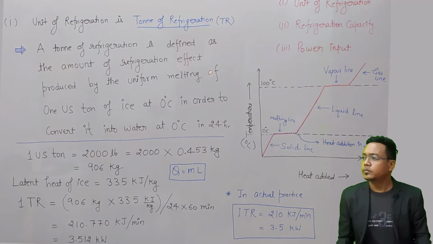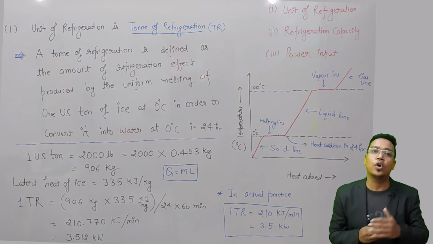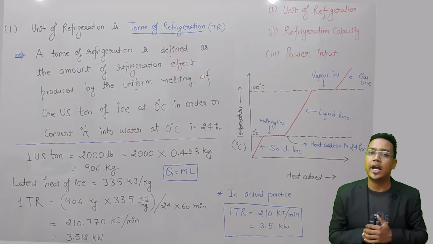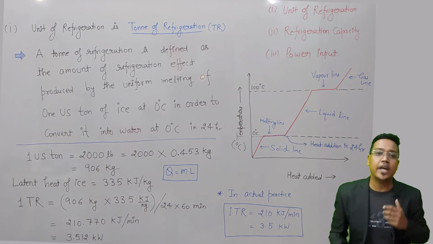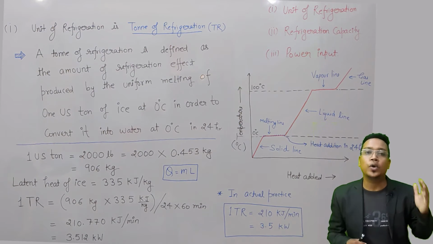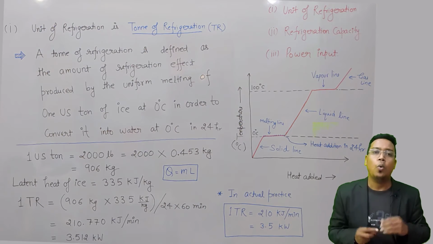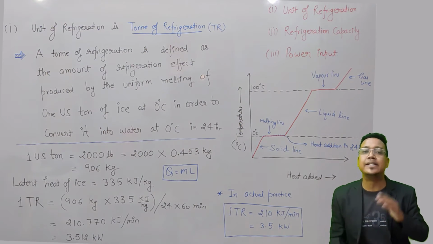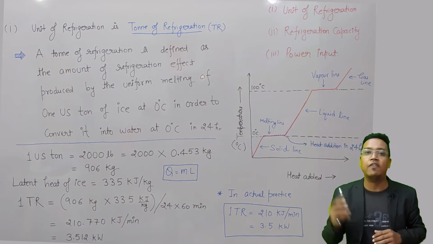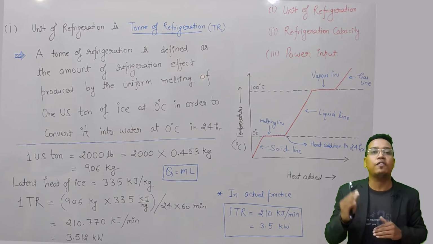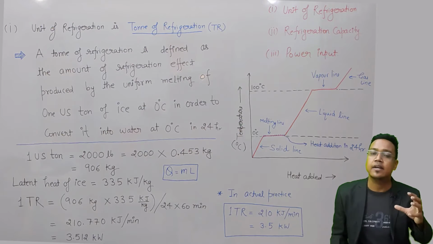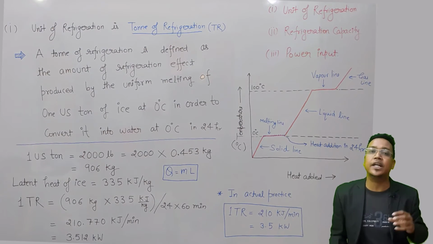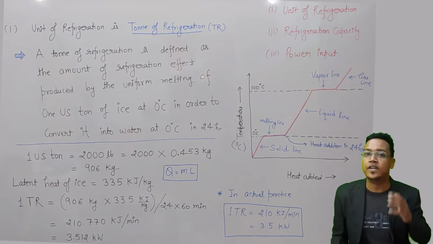One more thing, if you go to the market to buy an air conditioner, you will see 2 TR, 5 TR or 2 ton AC, 5 ton AC. What is this 2 ton or 5 ton? Basically, this 2 ton and 5 ton is 2 TR or 5 TR. That means that AC has a cooling capacity of 2 ton of refrigeration or 5 ton of refrigeration.